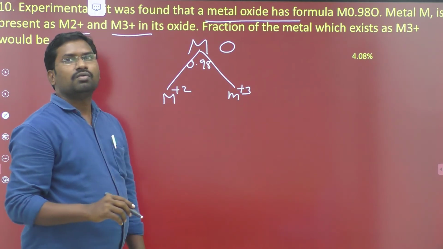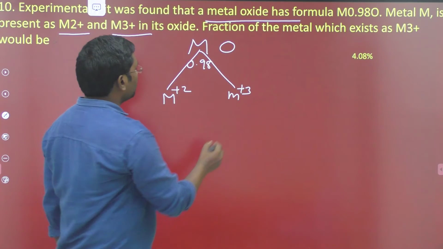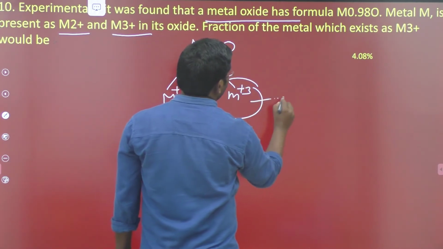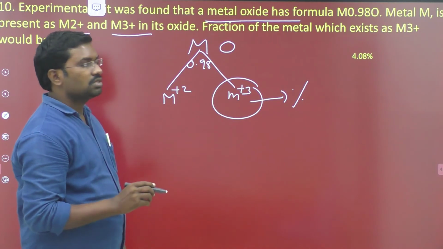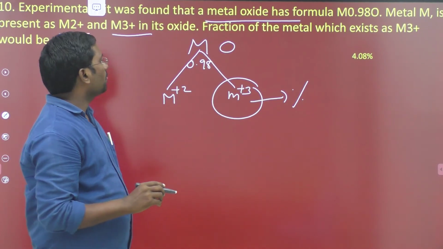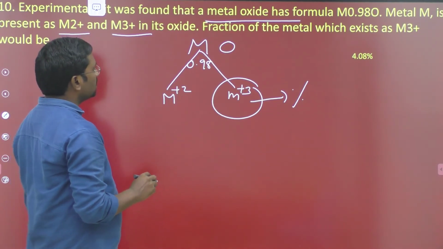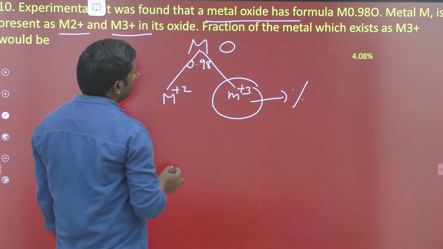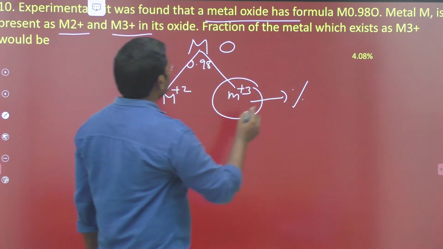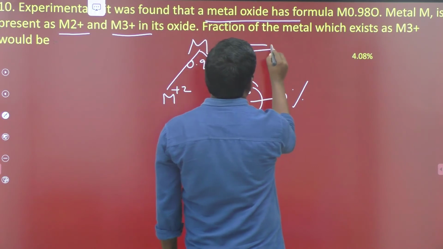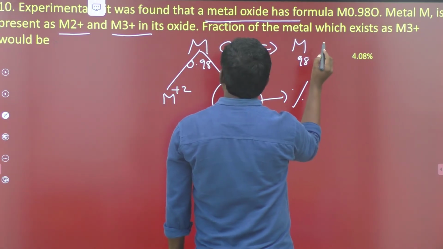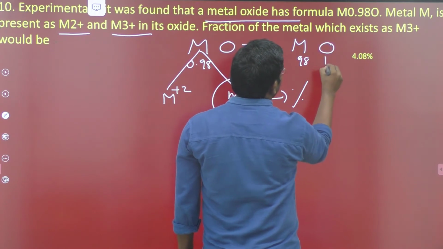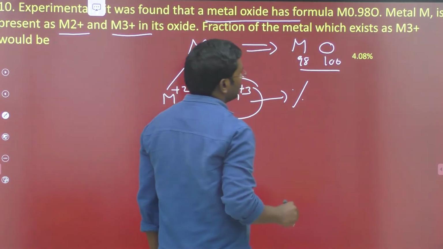This is a very important model question. This is a neutral compound, therefore metal atoms are 98 in percentage, so oxide ions are 100.